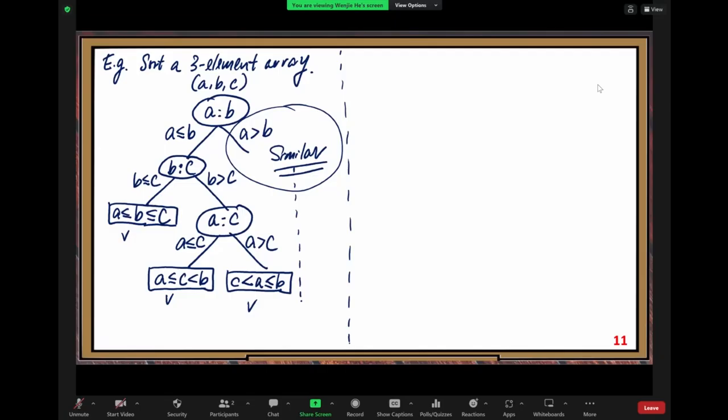After this simple example, you can understand how people draw a decision tree for any given comparison-based sort in a straightforward way.